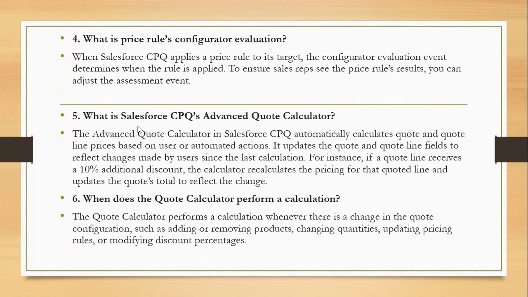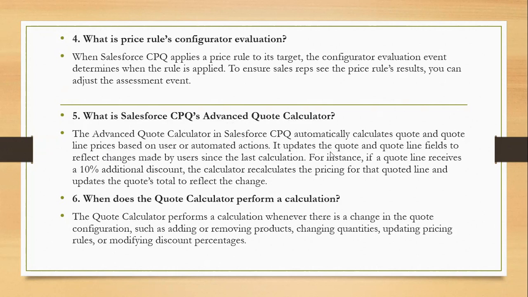Next question: what is the Salesforce CPQ advanced quote calculator? The advanced quote calculator in Salesforce CPQ automatically calculates and executes the line price based on the user's automated action.